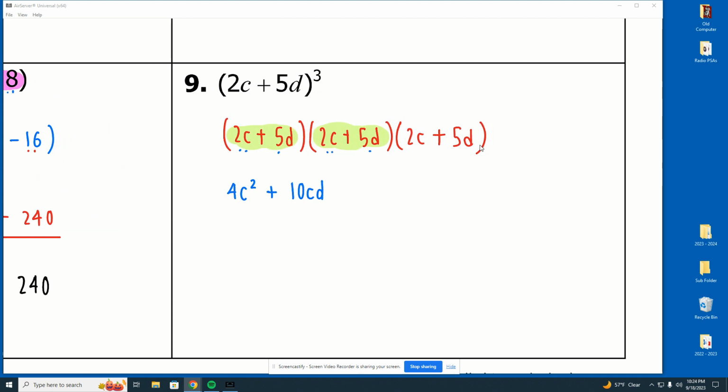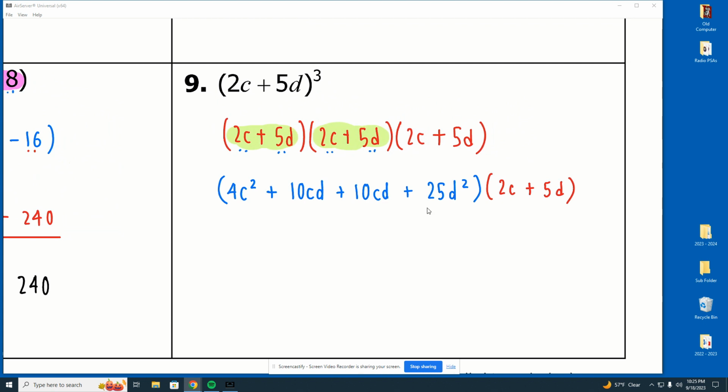Again, 5 times 2 is 10, but d times c, even though it sounds backwards, it's still cd. And these are still like terms, so don't forget that. And then 5d times 5d is positive 25d squared. Now remember, that's just the result of multiplying those first two. You still have this one, 2c plus 5d, left over here.